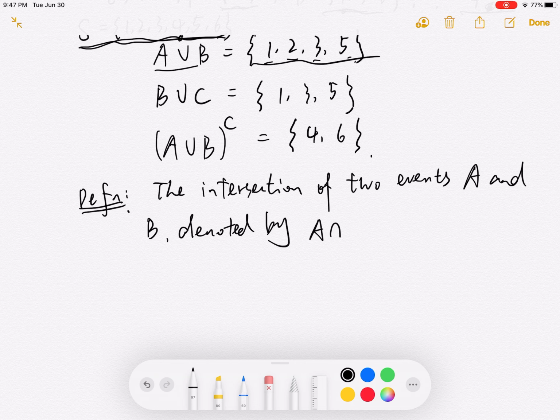Now we can tell B is a subset of the sample space as well, so B is an event, and so forth. Okay? Now, once this makes sense, the next section I would like to talk about is called set theory.